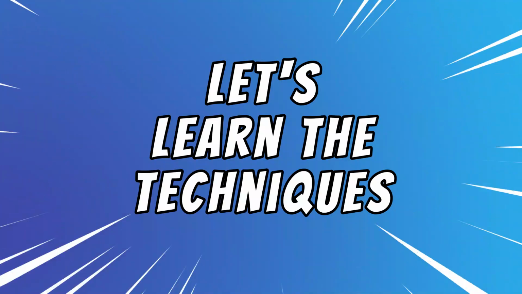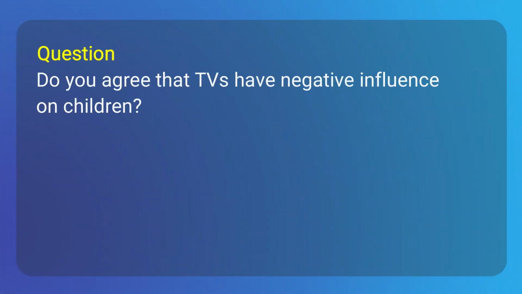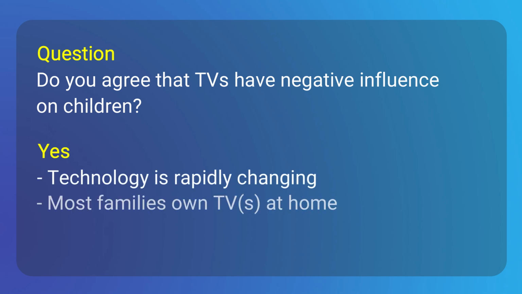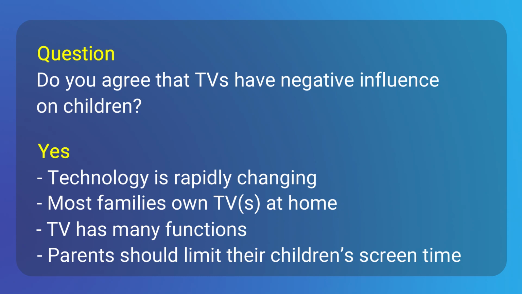Let's look at this example. The question asks, do you agree that TVs have negative influence on children? Let's say I want to say yes, and I will discuss the following things in my response. Technology is rapidly changing. Most families own TVs at home. TV has many functions, and parents should limit the children's screen time.